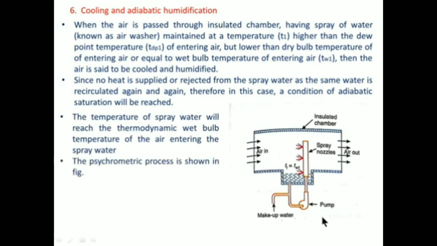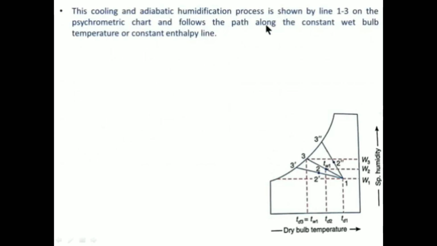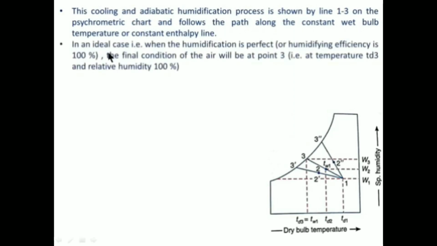This is the psychrometric process which is shown in the figure. Now this is the diagram which shows that the cooling and humidification process is from point 1 to 3 and it follows the path along the constant wet bulb temperature or constant enthalpy line. In an ideal case, that is when the humidification is perfect or humidifying efficiency is 100%, the final condition of air will be at point 3.